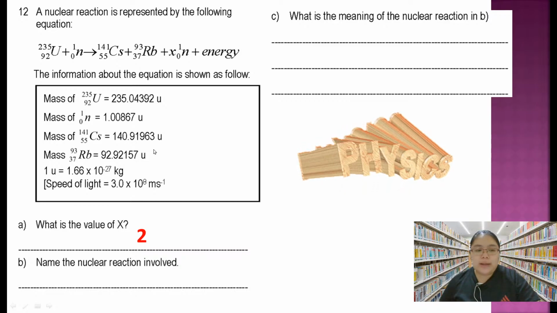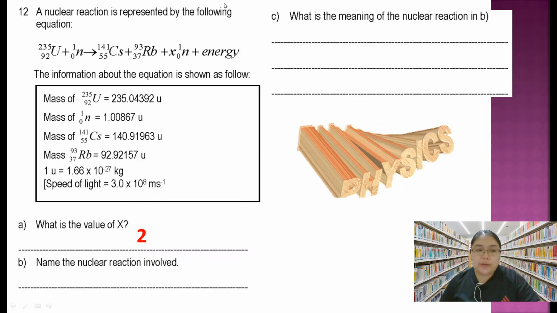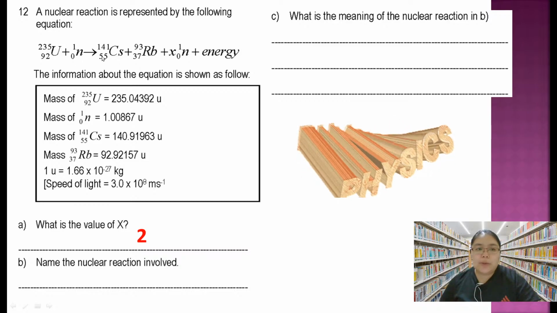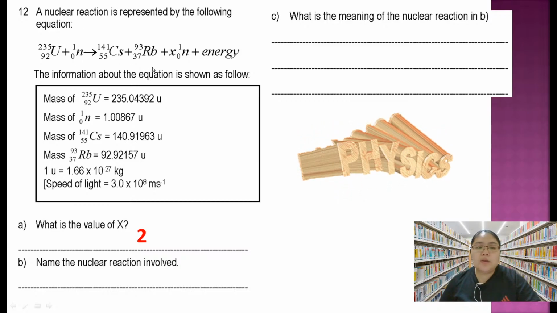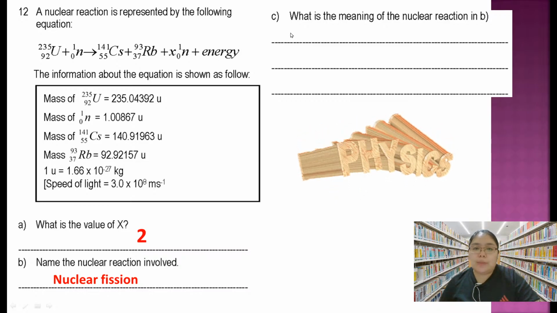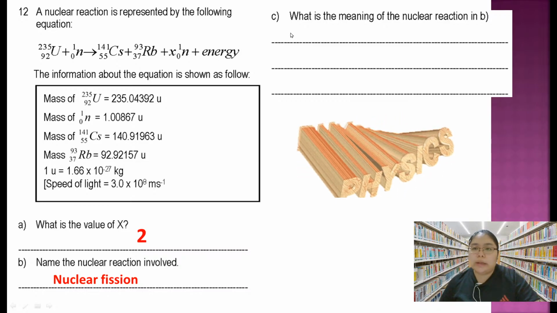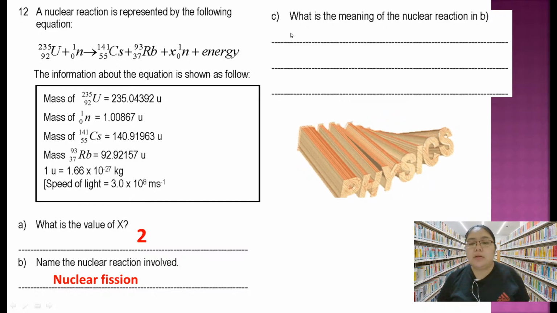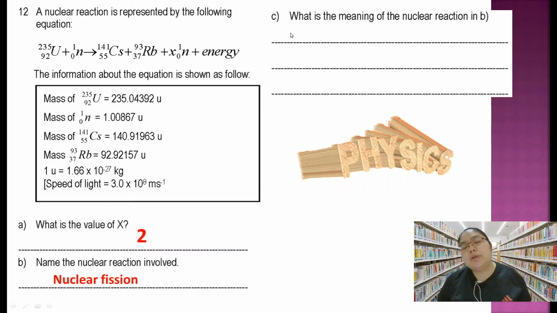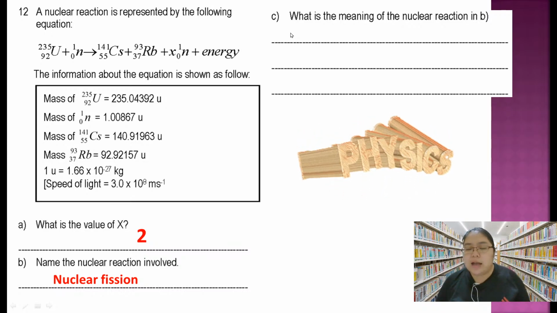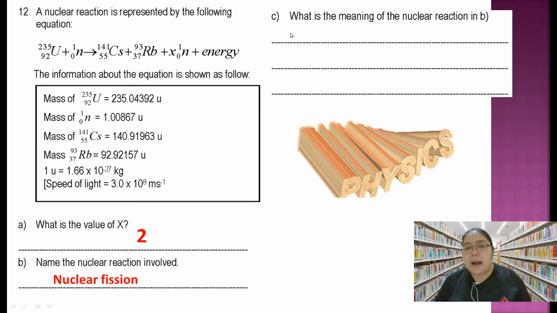Now, can you name the nuclear reaction involved? Can you see the bigger nucleus splits into smaller ones? So this is nuclear fission. Now we go to part 3. What is the meaning of the nuclear reaction in part B? Just now you mentioned nuclear fission, so you need to explain the meaning. There is a heavy nucleus, bombarded by 1 neutron.